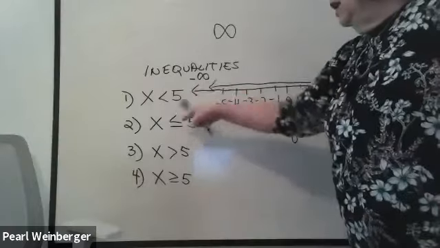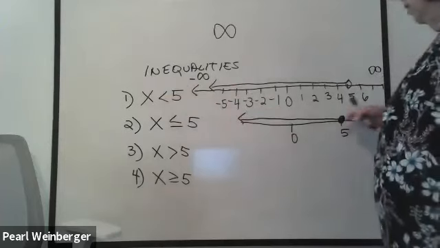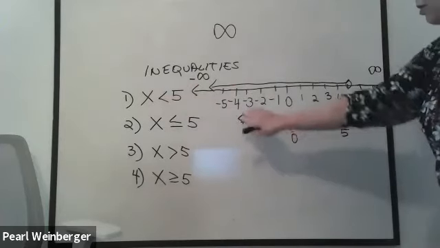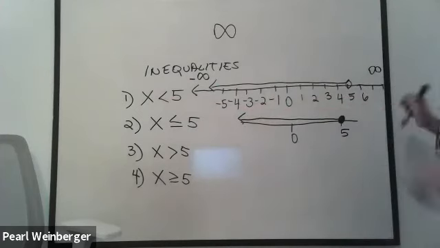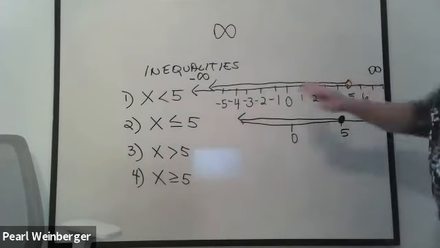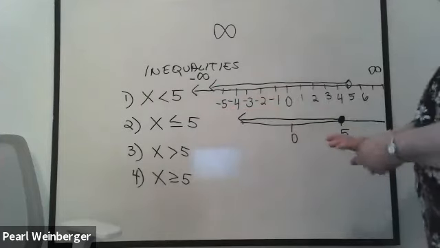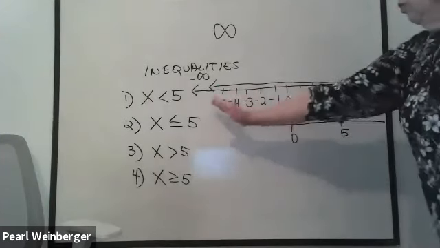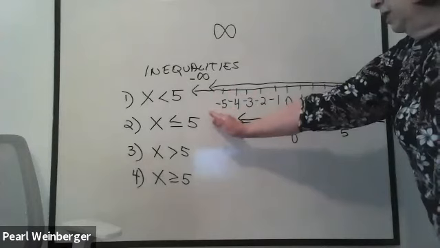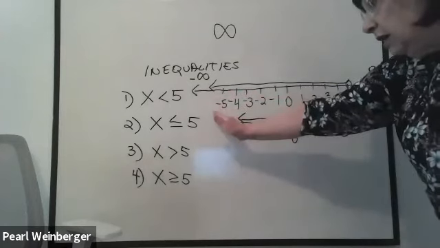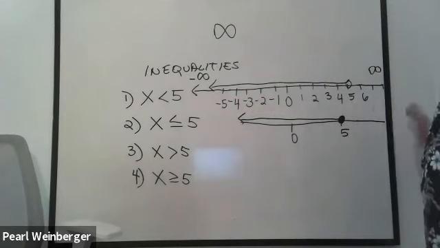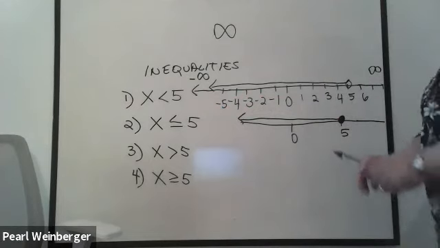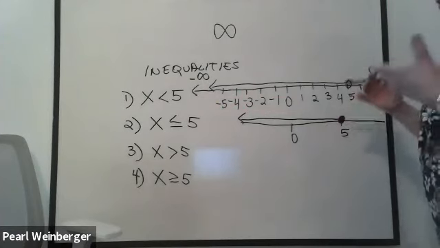Again, the inequality sign is pointing to the left, so my arrow has to point to the left. Notice what the arrow is showing you is where all the answers are. All the answers to X is less than or equal to 5 go from negative infinity, because this is pointing all the way to the end, all the way to here, but there's no arrow over here, so these are not part of the answers. Notice how many answers there are.